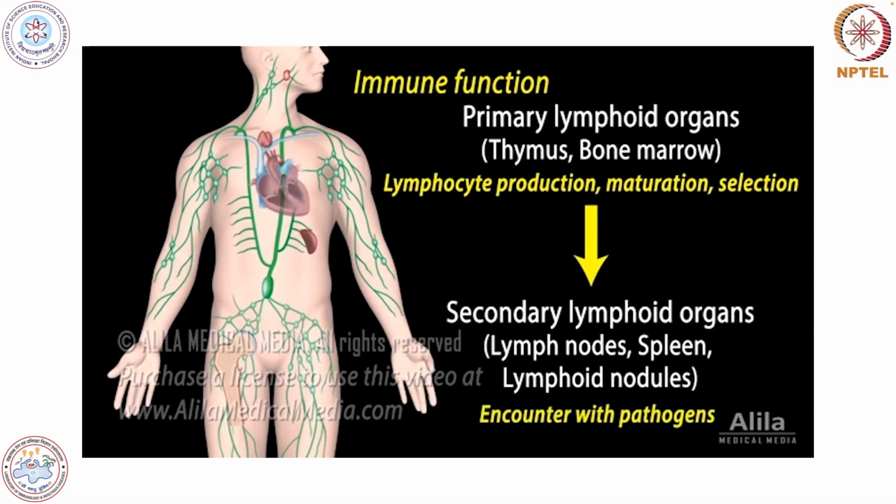I hope you have understood very well about these various lymphoid organs and the lymphatic system, and how the lymphatic system integrates all these lymphoid organs. So we have a very beautiful system in order to collect or capture or trap the antigen from blood as well as from tissue with the help of lymphatic vessels.